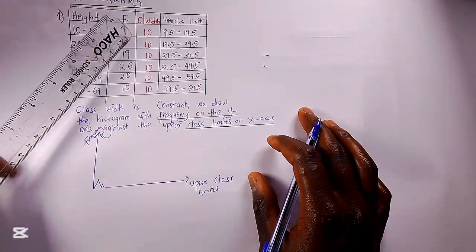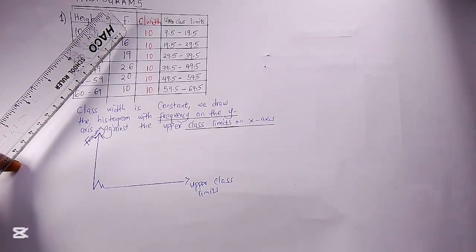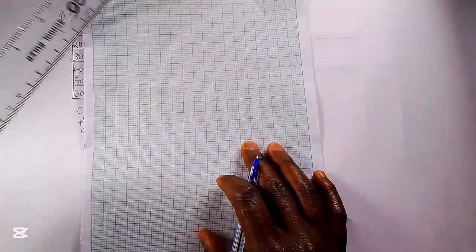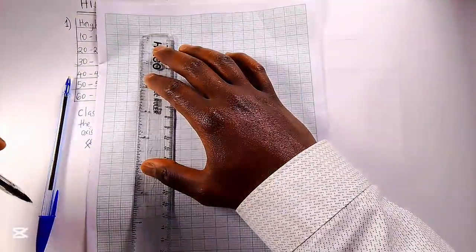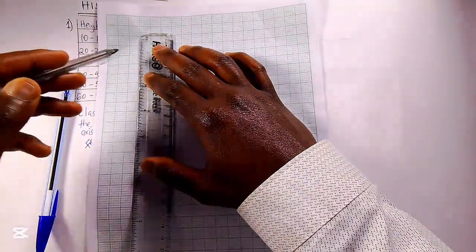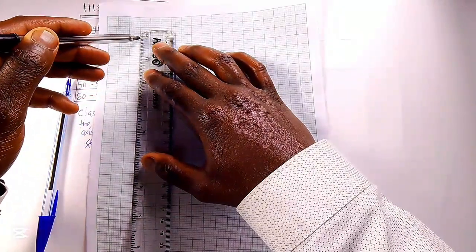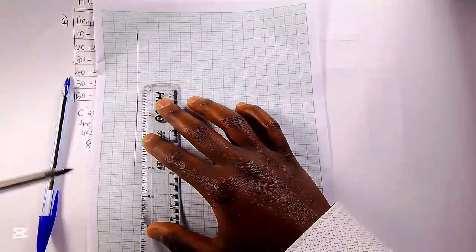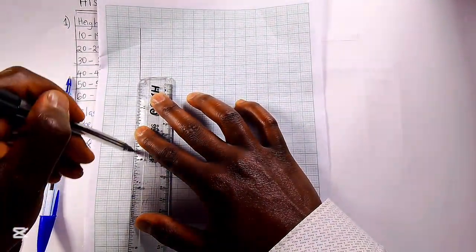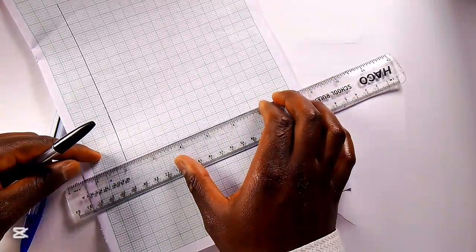Now I want us to do this on a graph paper. So we'll have a graph paper here, and on this graph paper, this is where we are going to draw our histogram. We will draw our histogram like this.